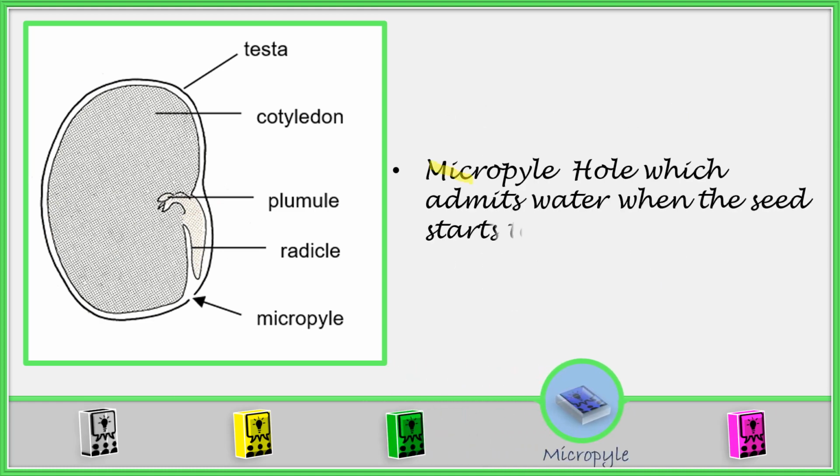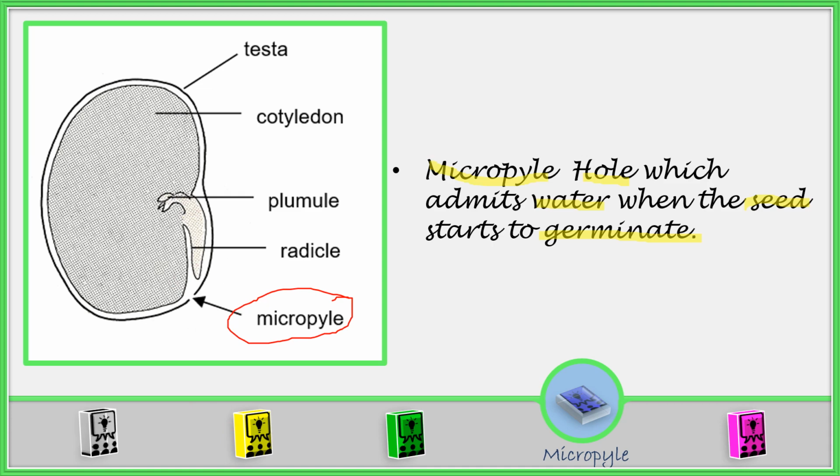We have a micropyle. A micropyle is a hole which admits water when the seed starts to germinate. That is our micropyle. The micropyle is this small hole here, and its main work is to allow entry of water.